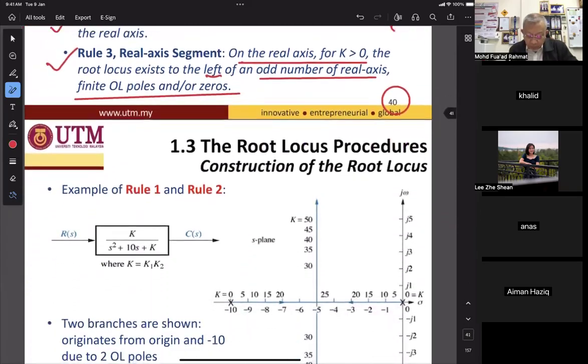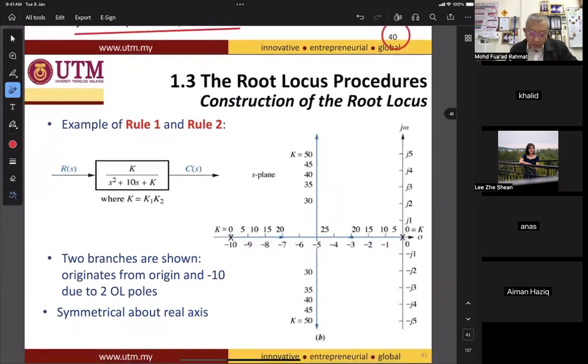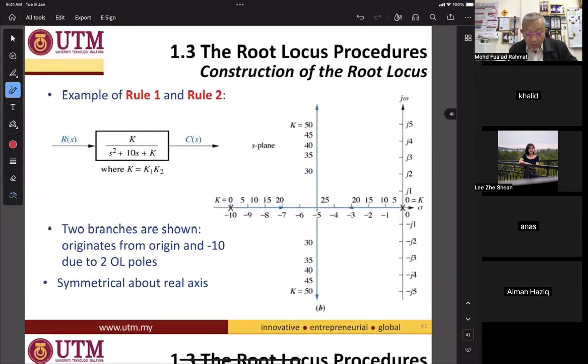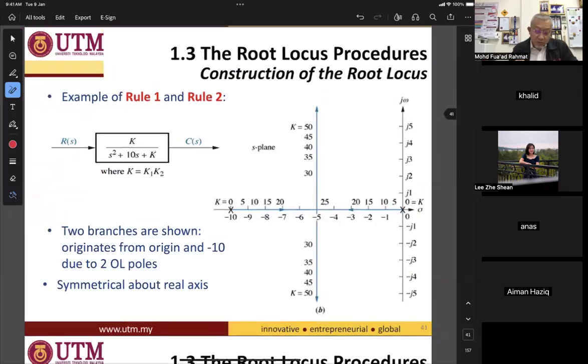Imagine we have these examples to realize what rule 1, rule 2, and rule 3 are. This is the transfer function that I mentioned just now, where R is the input and C(s) is the output. K is the gain that varies along the root locus.